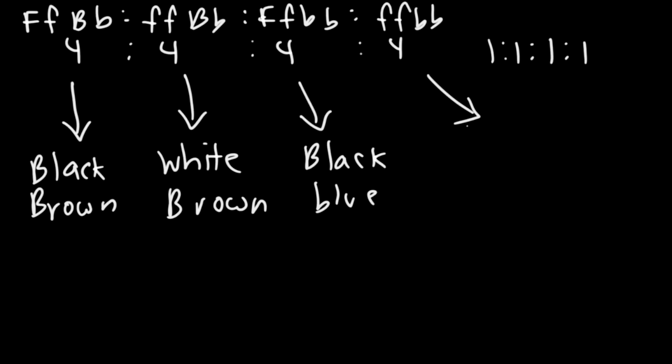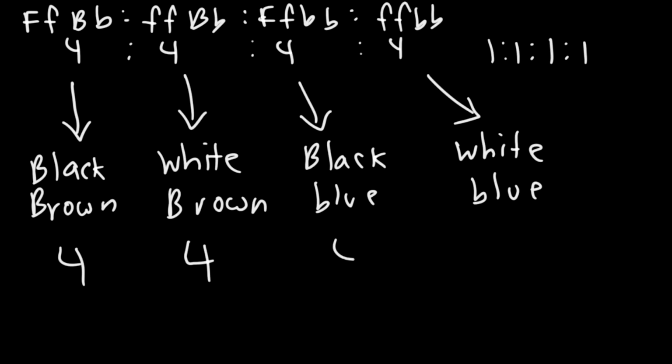And the last one, little f, that's for white fur, little b, blue eyes. So thus there's going to be 4 bears that have black fur and brown eyes, 4 that have white fur and brown eyes, 4 have black fur and blue eyes, and the other 4 has white fur and blue eyes.